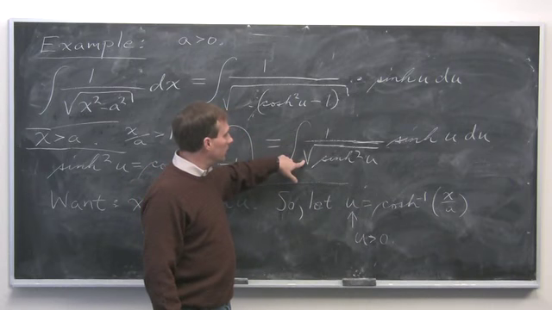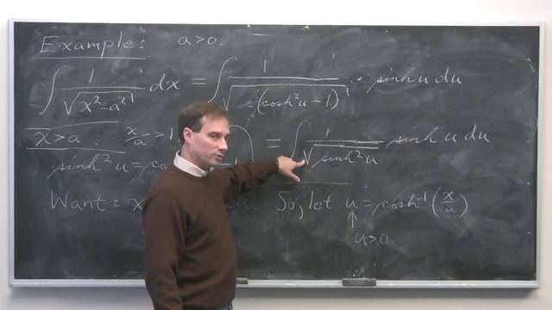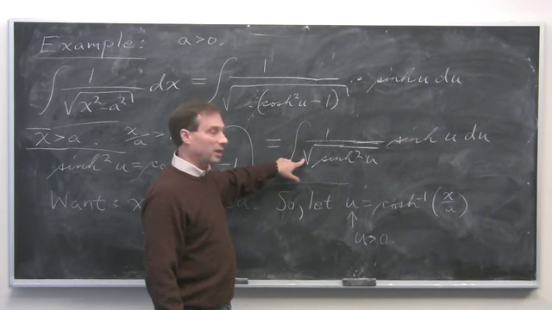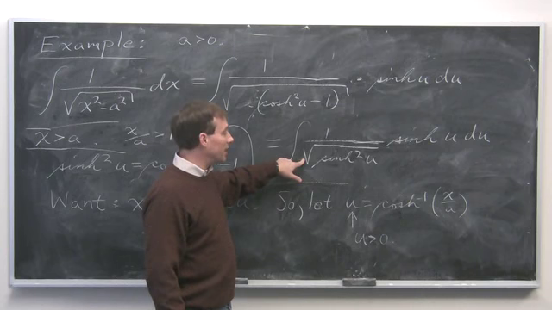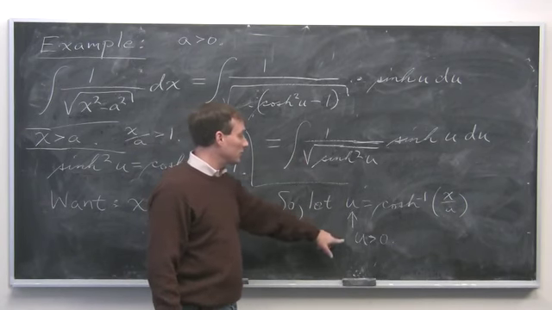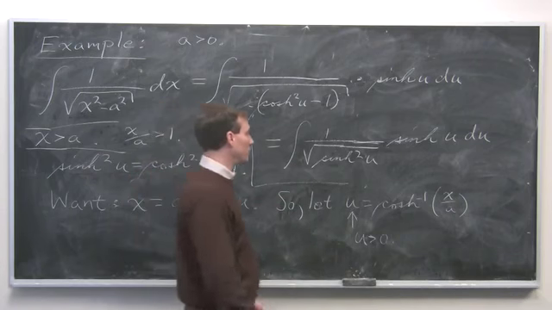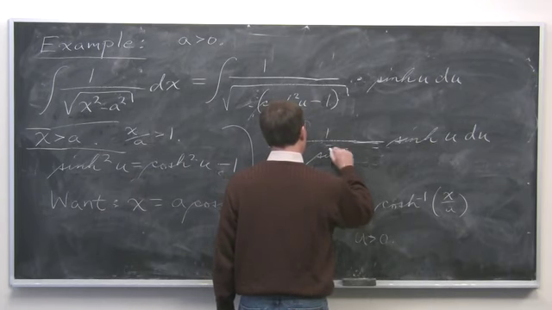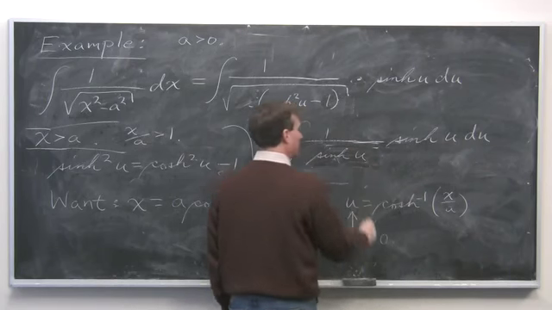And so that means the square root of hyperbolic sine squared of u, which is the absolute value of hyperbolic sine of u, is in fact just hyperbolic sine of u, because since u is positive, hyperbolic sine of u is positive. So this square root of hyperbolic sine squared just becomes hyperbolic sine of u.